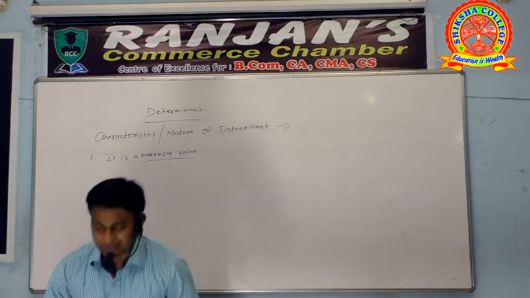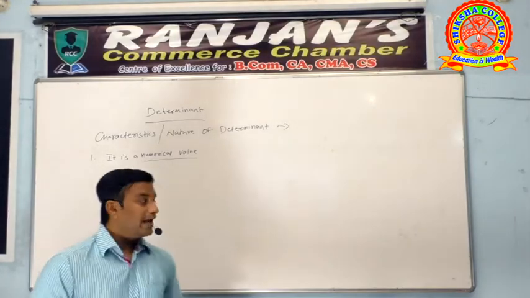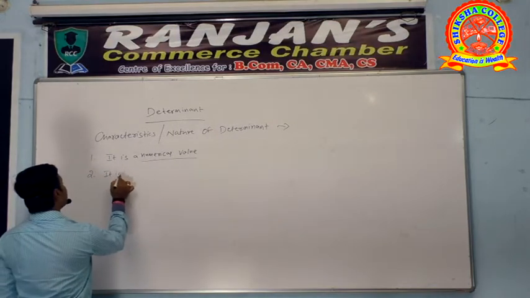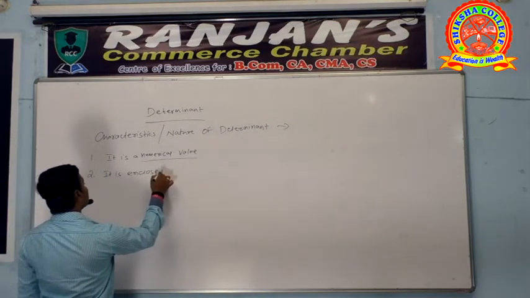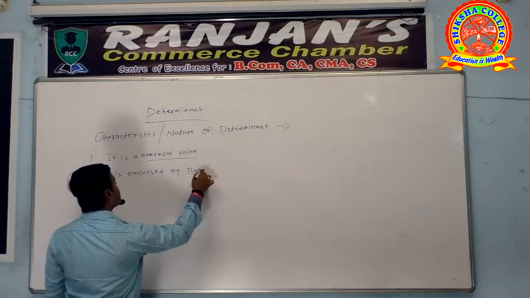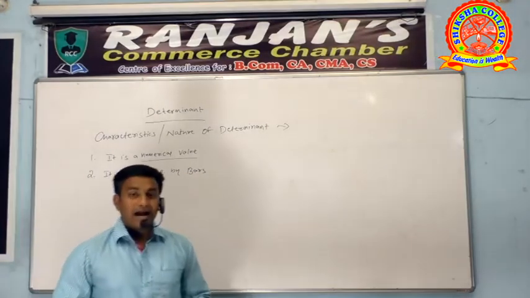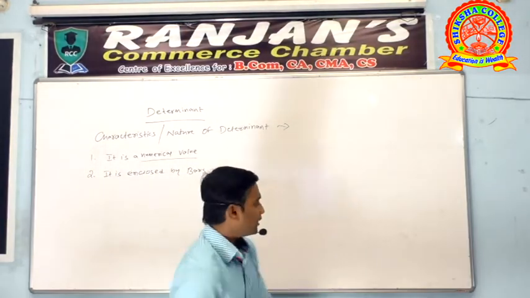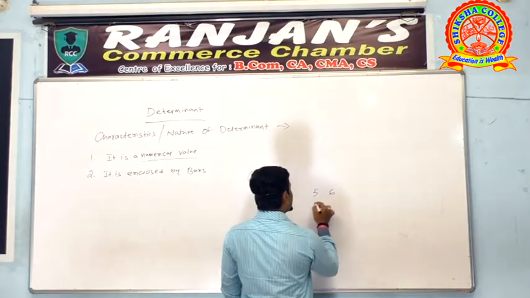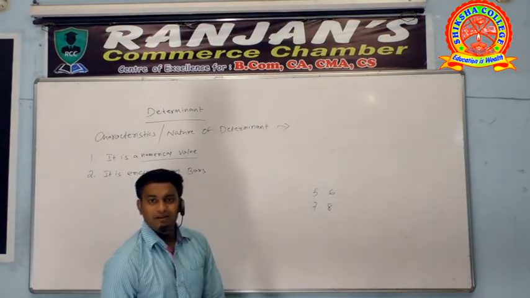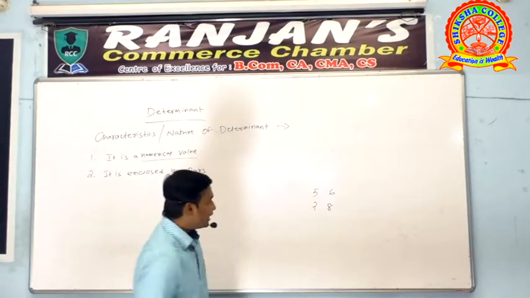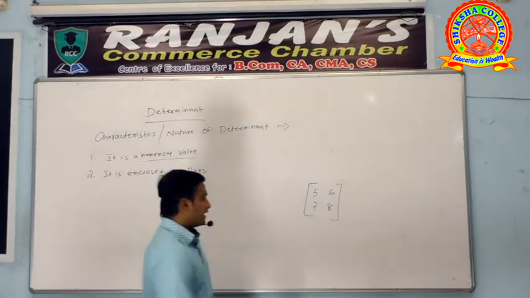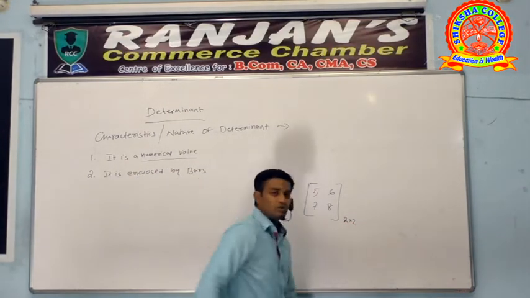Second, the determinant is enclosed by bars. That is the indication. How do we know that we are asked to find the determinant? What if I write 5, 6, 7, 8? It means nothing by itself. If I draw a square bracket, it is a matrix, a 2 into 2 square matrix.